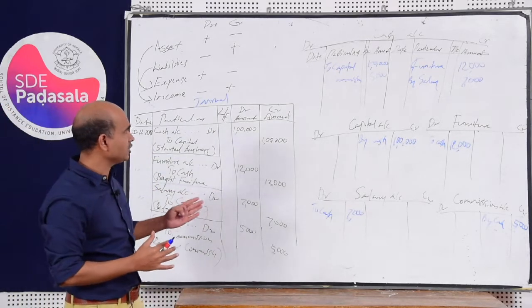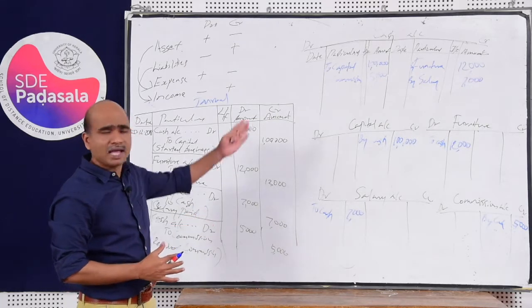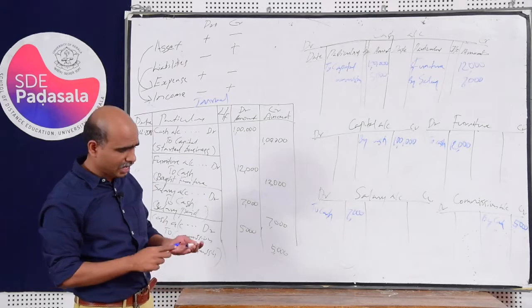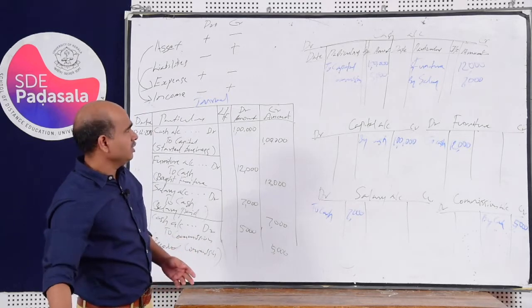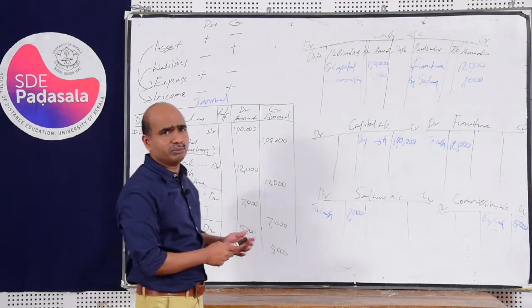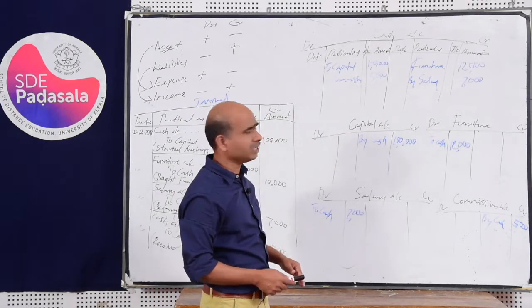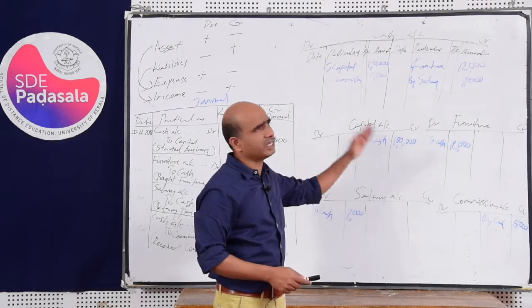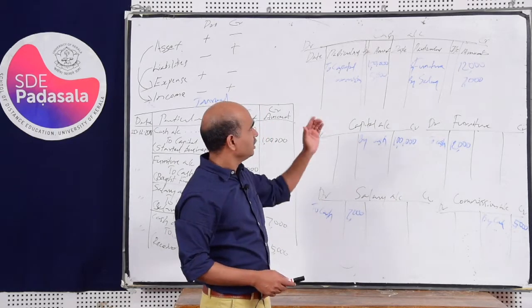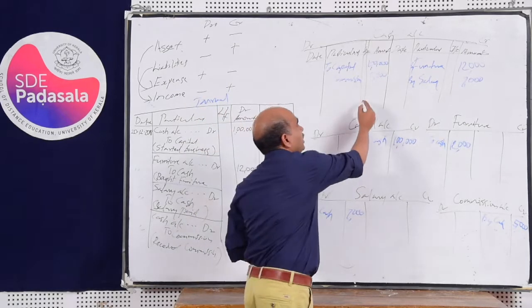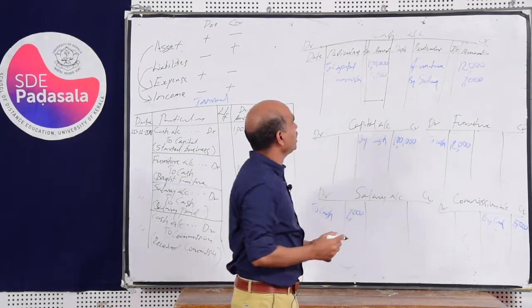So, the last step is to balance these ledgers. How to balance a ledger account? Balancing means to add the debit and credit items and compare the left and right hand sides. Whichever is higher is written in the last part.